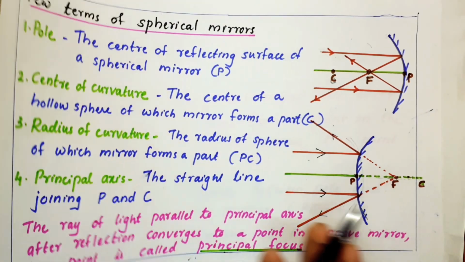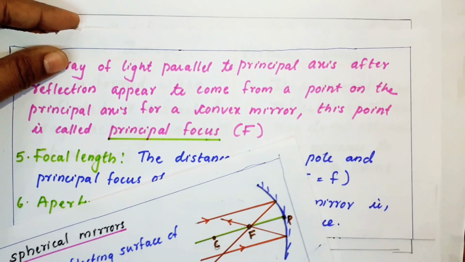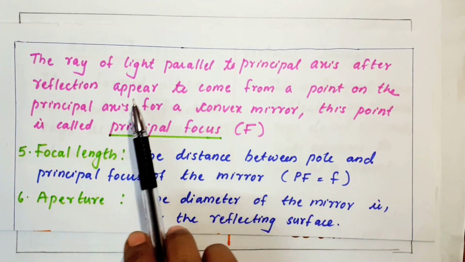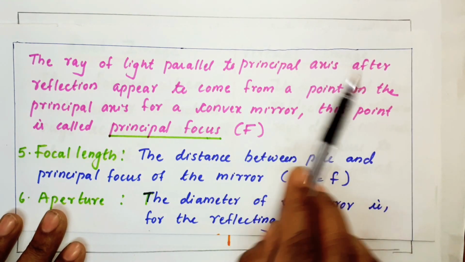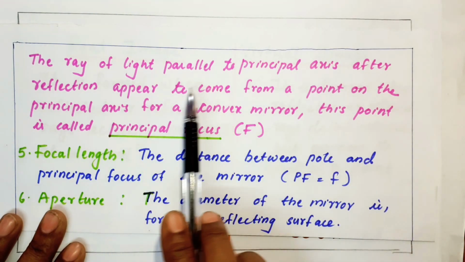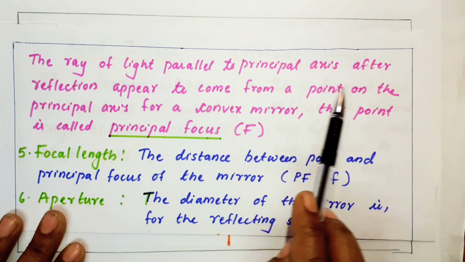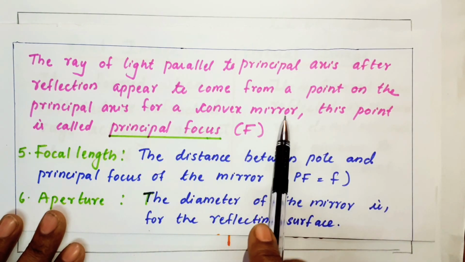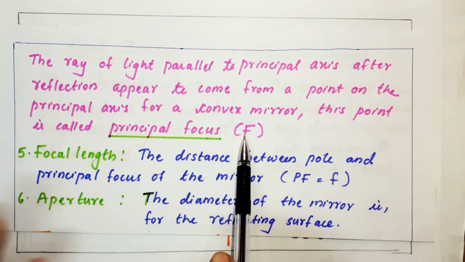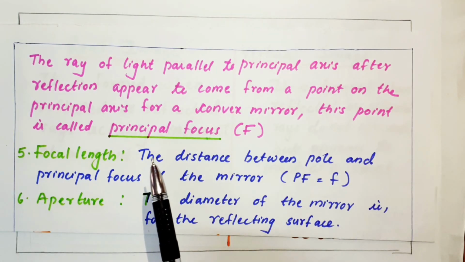So here is how we explain it: the ray of light parallel to principal axis, after reflection, appears to come from a point on the principal axis for a convex mirror. This point is called principal focus.